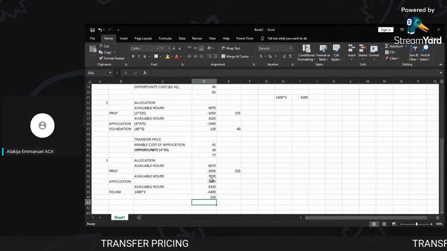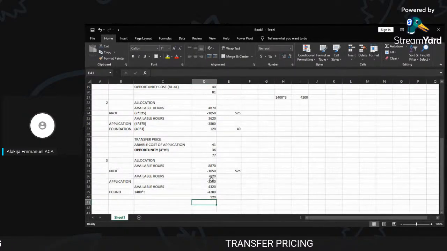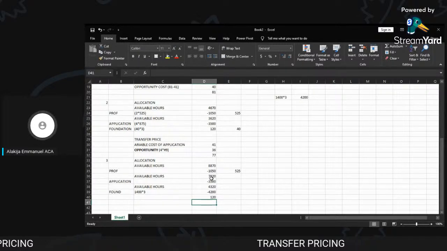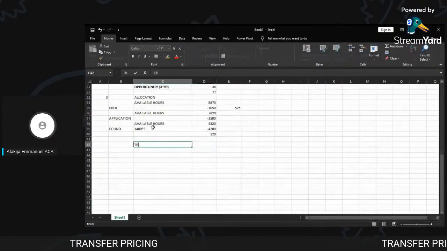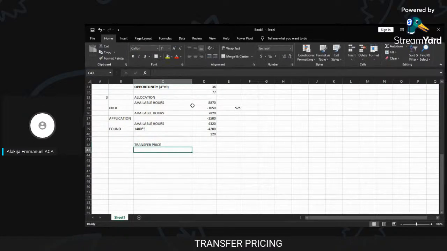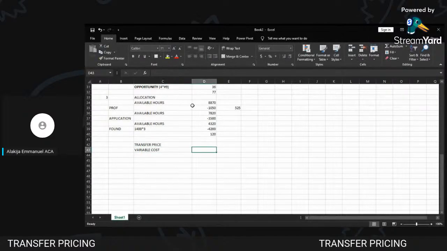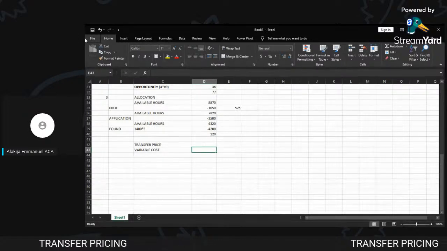So with this, you have spare capacity to produce the 30 units that are demanded by the internal division, the leverage division. So here we say there is capacity. Then we go on to calculate the transfer price. The transfer price is going to be the variable cost, which is 41 naira.